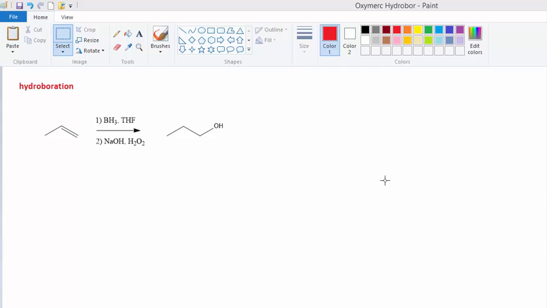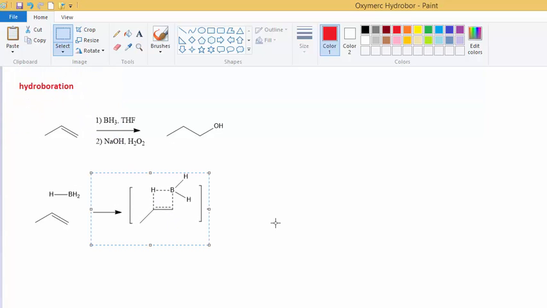This is a strange sort of reaction where we can't actually draw the arrow pushing as our borane, that's what this BH3 group is called, comes closer to our double bond. What happens is you get a very strange, what is called square planar transition state. And this bracket means that this is a transition state that's different from an intermediate.